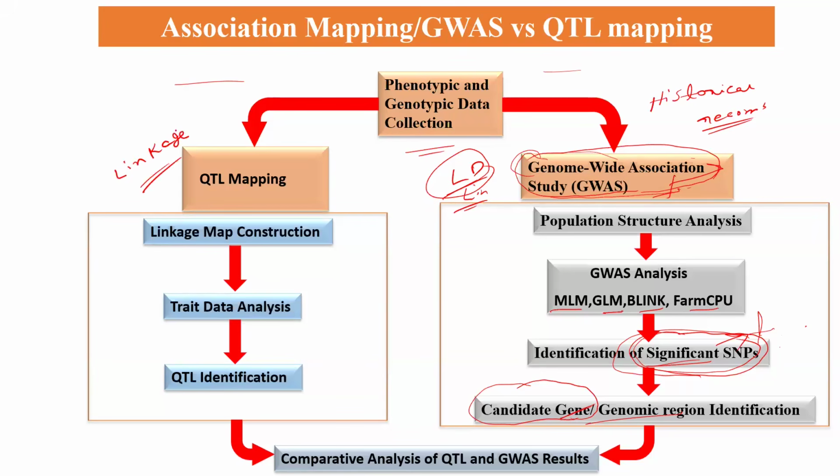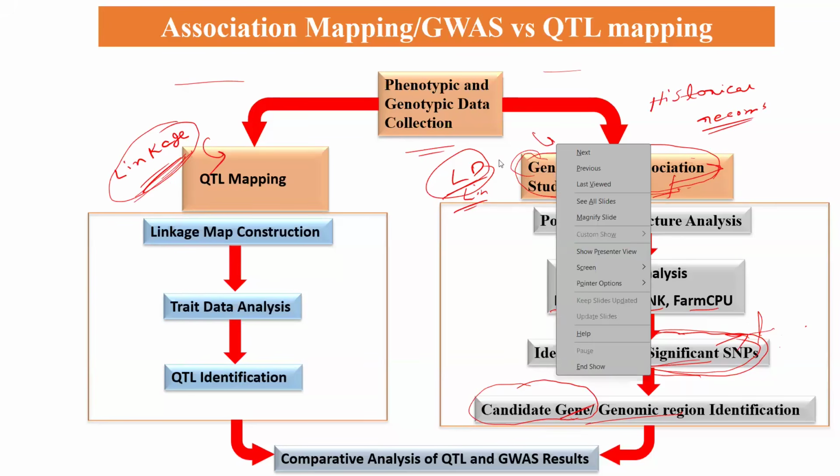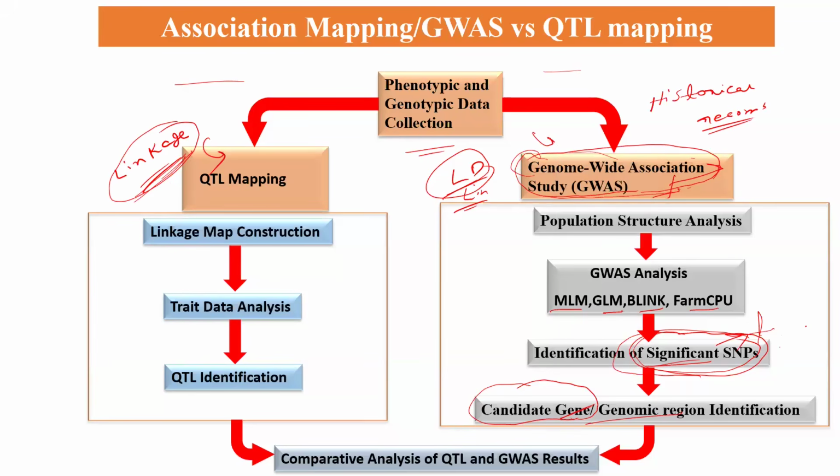In linkage, the recombination is done artificially by human beings, and that is included in QTL mapping. But in association mapping, diverse lines and a diverse population are used, and the historical recombination is included in the LD size analysis, and after that we do the association mapping.